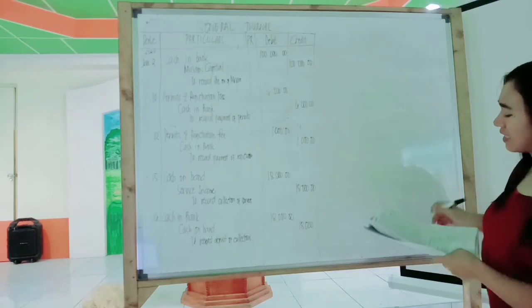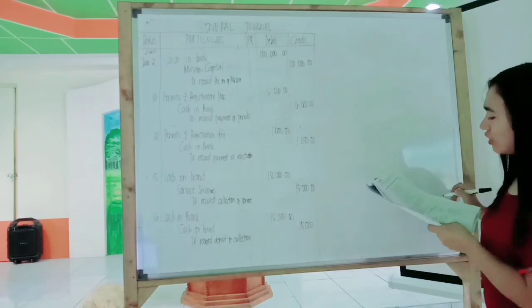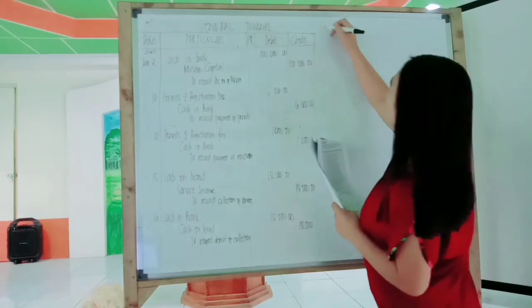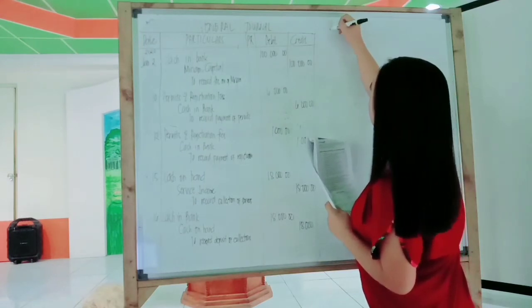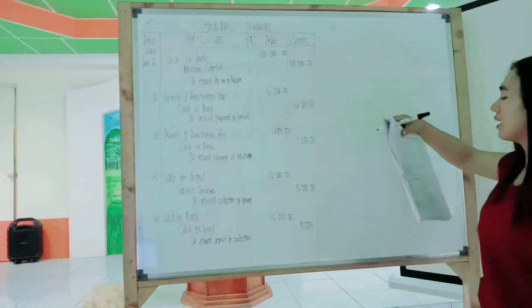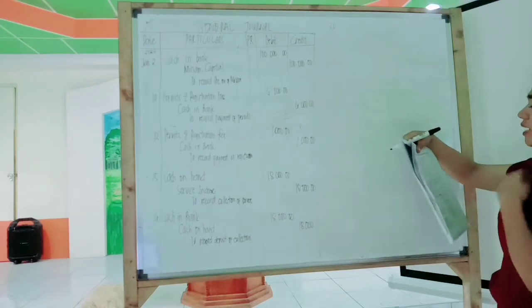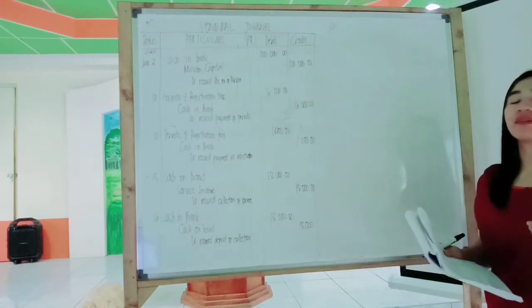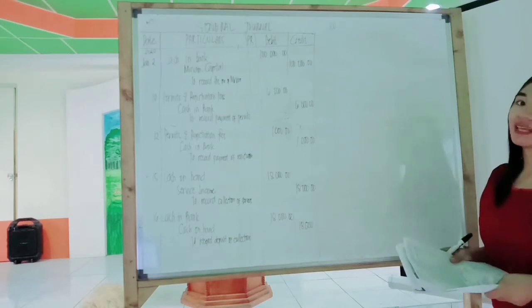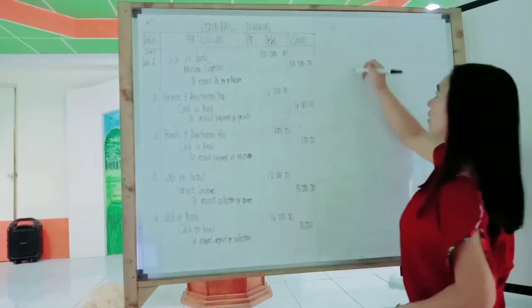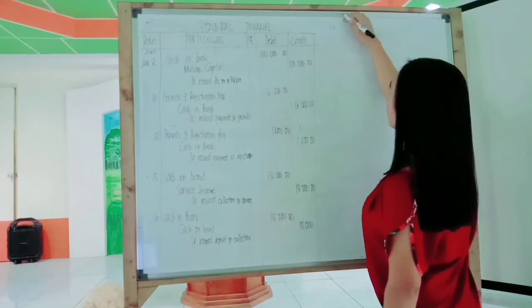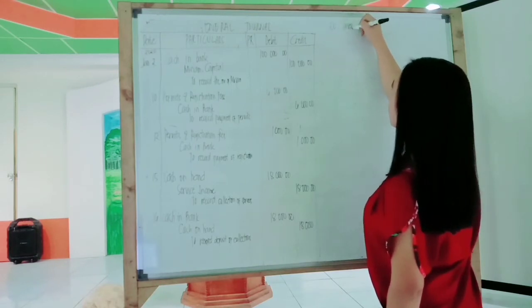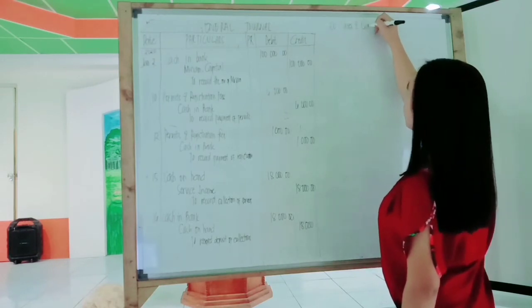And then, next transaction is January 20. January 20, nangyari nun, remittance of business tax to BIR. So, nagkaroon tayo ng business tax. Nagbayad tayo ng 1,200. So, ang gagawin is debit, taxes and licenses.